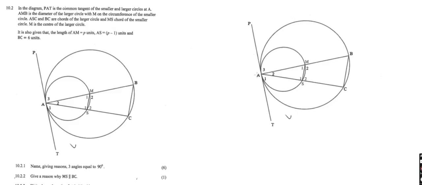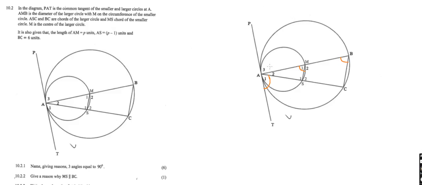We've got a tangent, so we can now think about the tan-chord theorem. So A1 is an angle between the tangent and the chord AC and AS. So A1 must be equal to B, and it must also be equal to M1.